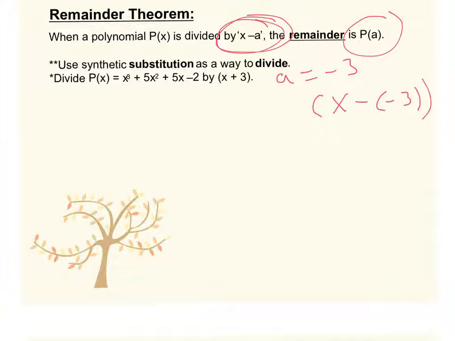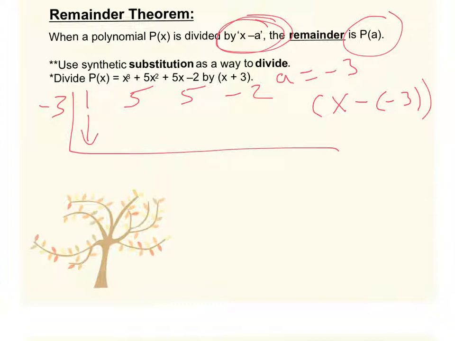So again, here's how synthetic division works. We have negative 3 out here, then 1, 5, 5, and negative 2. The 1 comes down. I take negative 3 times 1 and get negative 3.